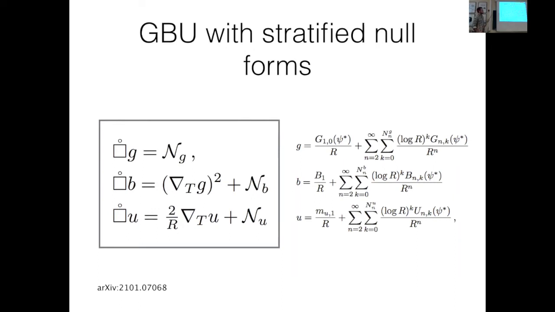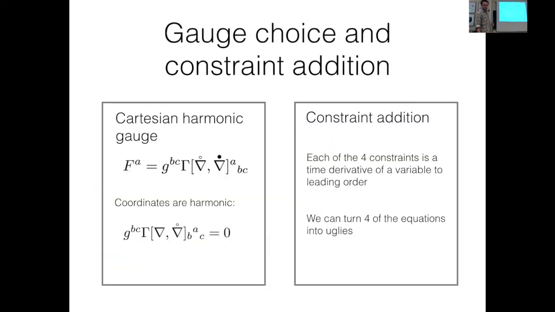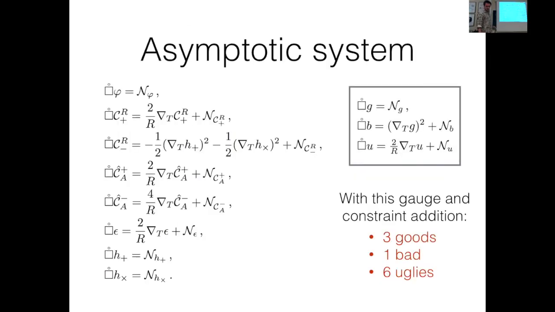So as it turns out, you can actually turn 4 of the field equations into uglies just by constraint addition. So doing that and choosing this gauge, what you get is something like this. I wrote here the generalized good, bad, ugly systems just for comparison. And what you have here on the left-hand side is basically the wave operator hitting each of the metric variables that I introduced.